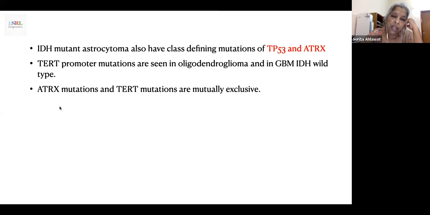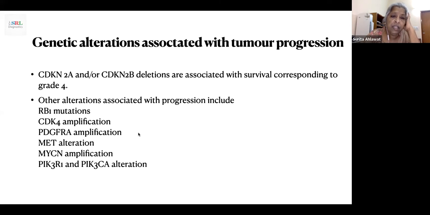That is, if there is ATRX mutation, the TERT mutation will not happen, and when there is TERT mutation, no need to look for ATRX mutation. These are some of the alterations which are associated with tumor progression.